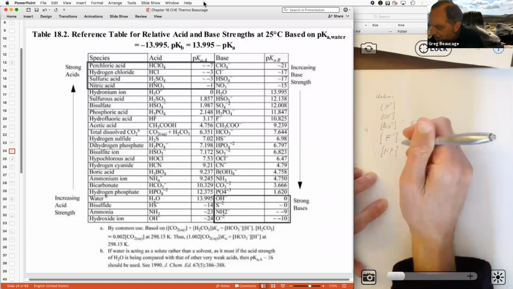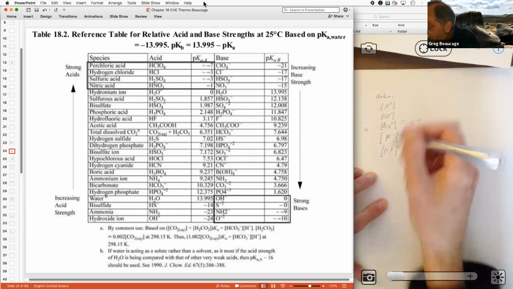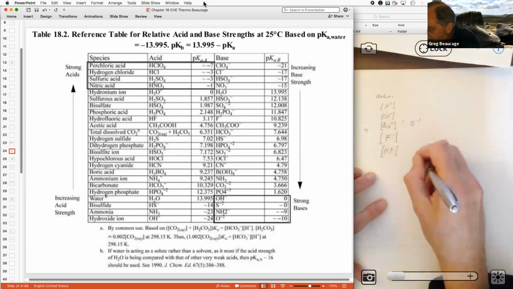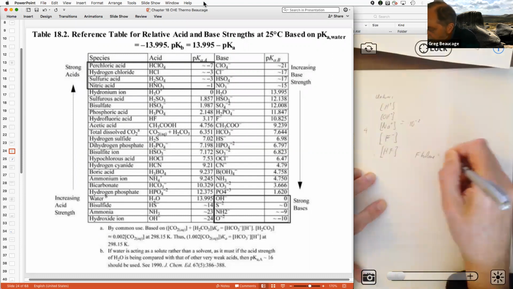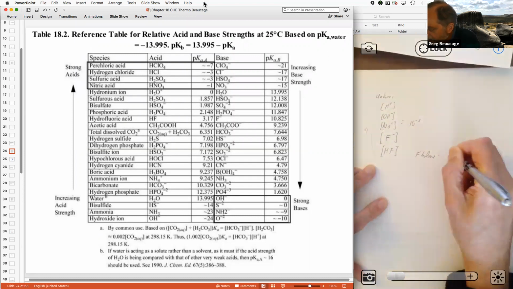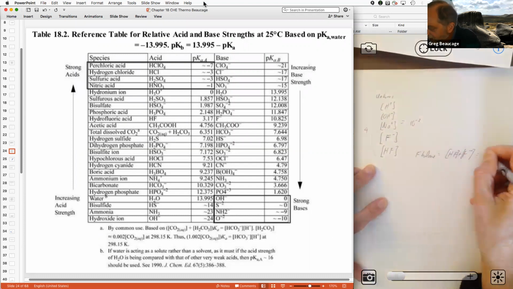And you also know it's going to be basic. That's another feature. So you can do an F balance: HF plus F minus equals the concentration you put in, 10 to the minus 3.